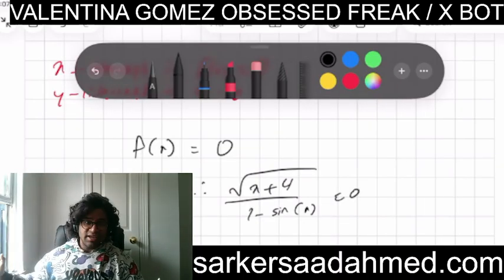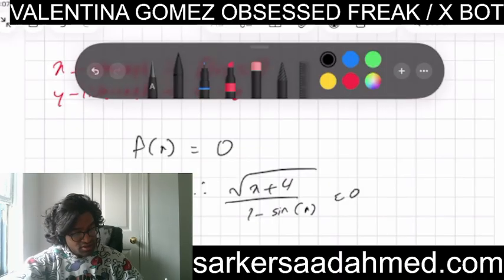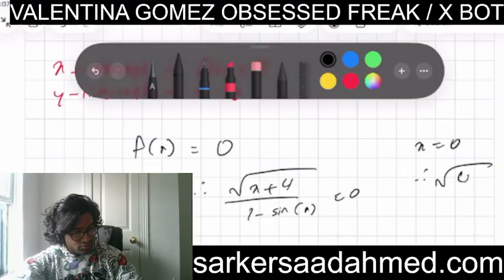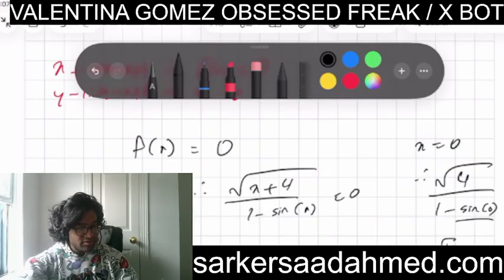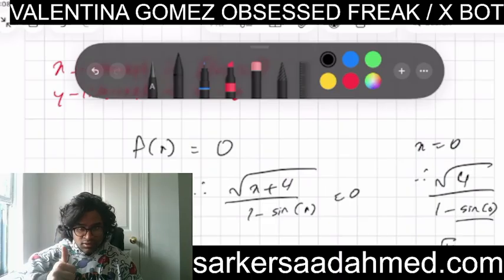This is your x-intercept. Y-intercept, where x is equal to 0, I'm going to have root 4 by 1 minus sine 0. So root 4 by 1, which is 2. Sine 0 is 0. 1 minus 0 is 1. Right? Cool.